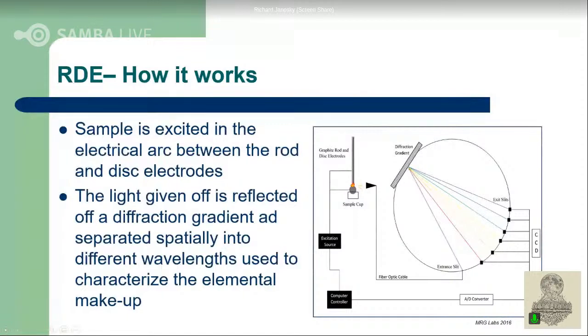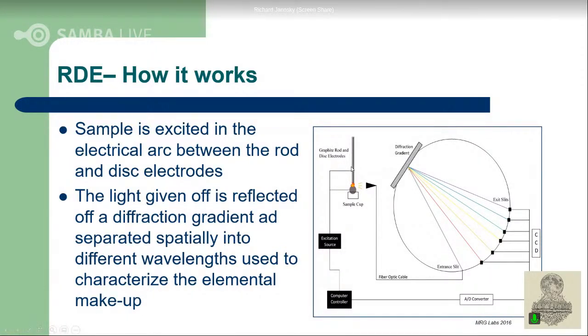So for anybody that doesn't know, we'll just quickly go over how an RDE works. At the top left there, you can see we have a sample cup. We have the carbon disc sitting in the sample cup and touching the sample that's inside the cup. And then above that is the graphite rod. The sample gets excited by an electrical arc between the rod and the disc.